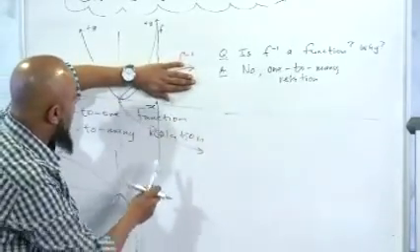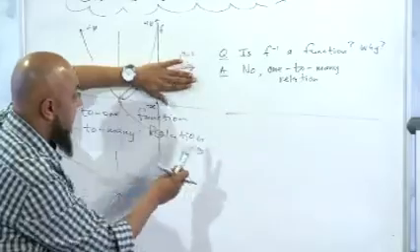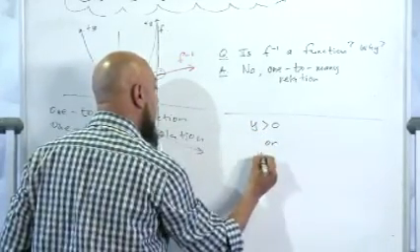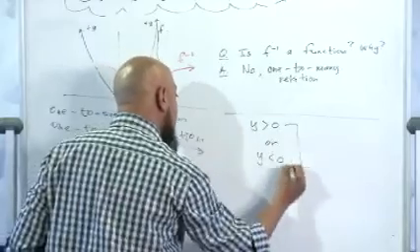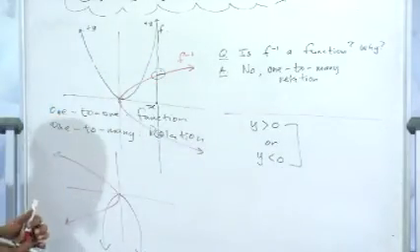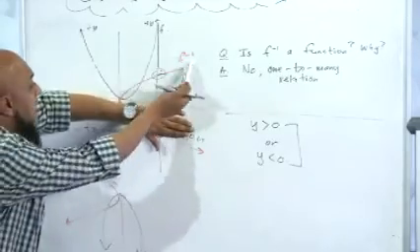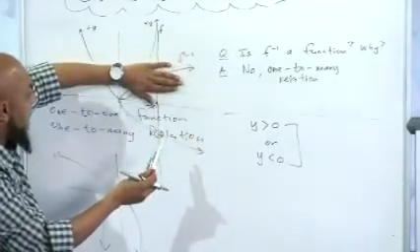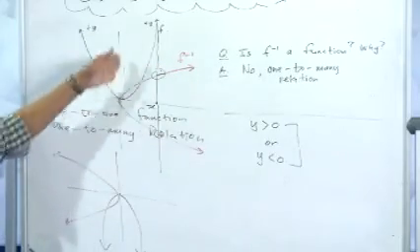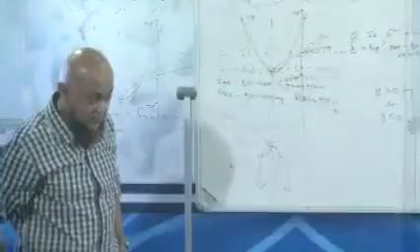If I close the top half, the bottom half is a function. So we say y greater than 0 or y less than 0. That is how we restrict the domain to keep this a function. If I close the bottom half, we have the top half, y greater than 0. If I close the top half, the bottom half is a function, y less than 0.